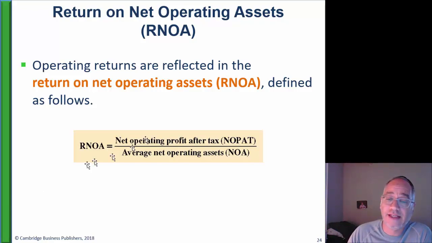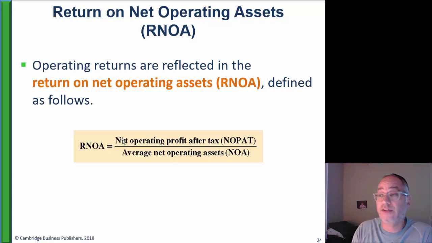So instead of taking income divided by average equity, we're going to take operating profit divided by net operating assets, which would be operating assets minus operating liabilities. In other words, the portion of equity that's operating as opposed to the portion that is non-operating. So we're going to take net operating profit after tax, which would ignore all the non-operating items also.